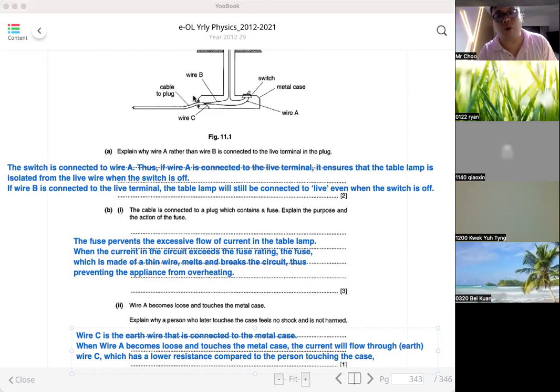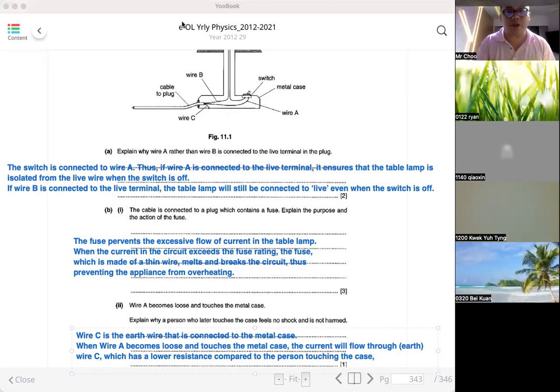So if there is no earth wire, and your metal casing has a certain potential, when you touch it, the current has nowhere to go except through you. Is that clear? But because there's an earth wire which has a very low resistance compared to you, the current will flow through wire C into earth rather than flowing through the person.